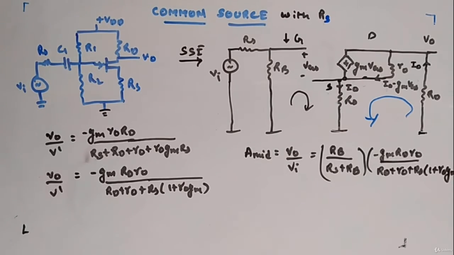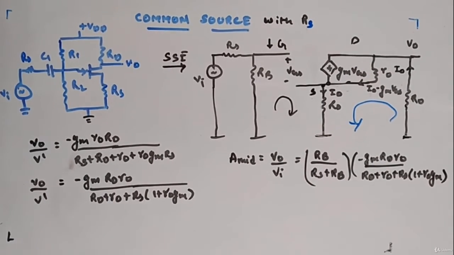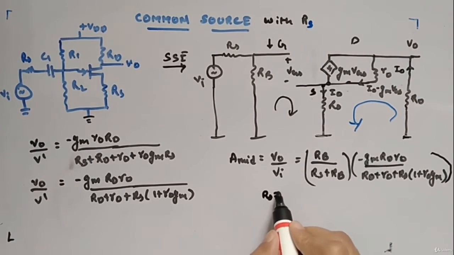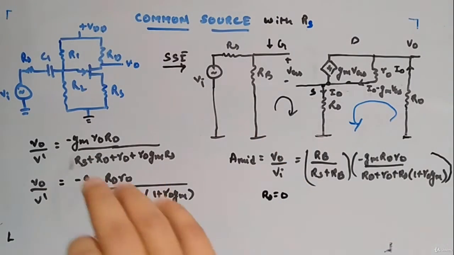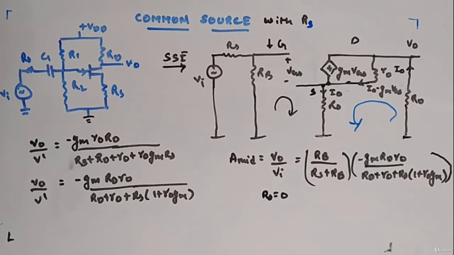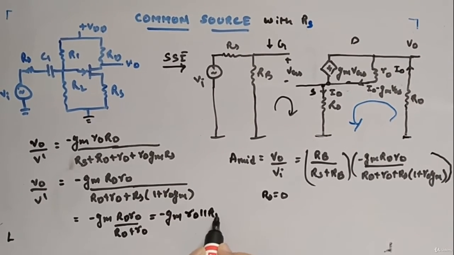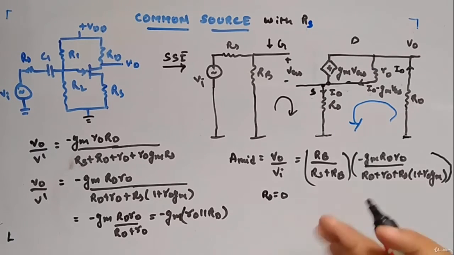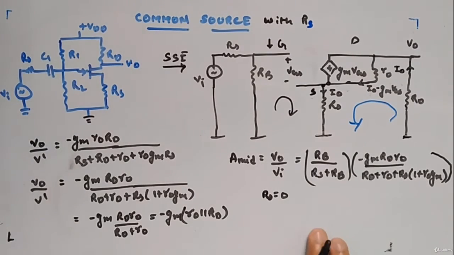What you can see here is, if you plug RS equal to 0, the previous case without RS, then you get minus GM RD R naught divided by RD plus R naught, which is minus GM times R naught parallel RD. This is what we got last time also. Here also you get the same thing.